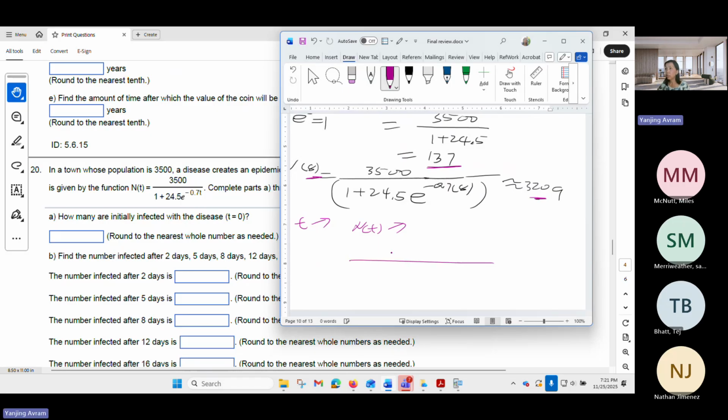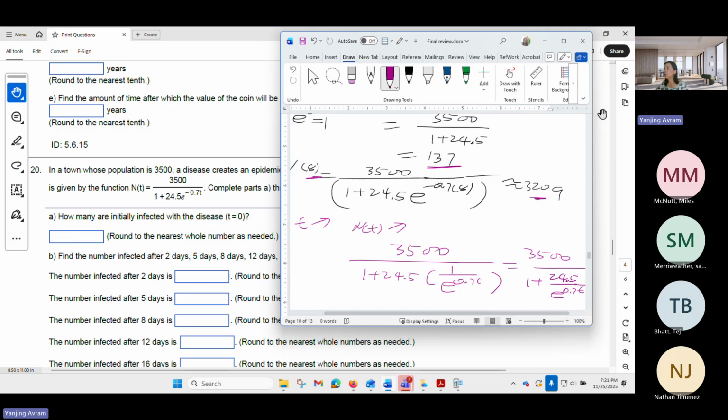I can rewrite this one a little bit. 1 plus 24.5 e to the negative power. If I want to write down the positive power, I will put it in the denominator. 0.7t will be the positive power. Okay, or I can write it this way: 24.5 divided by e to the 0.7t.